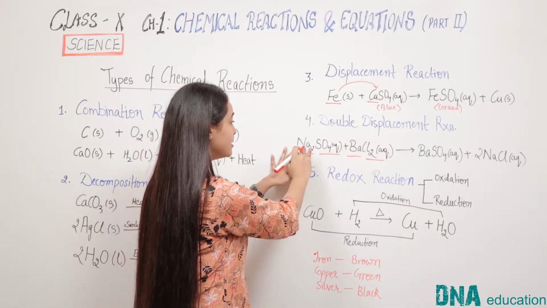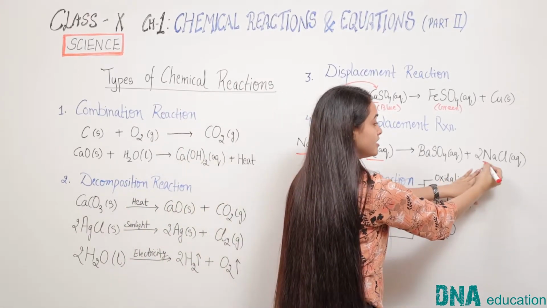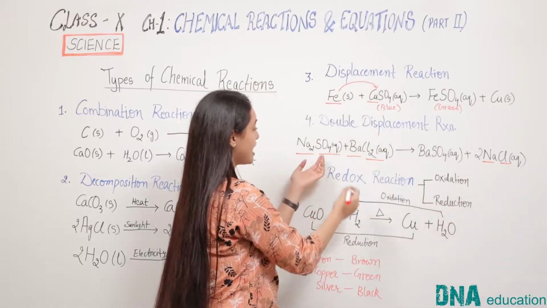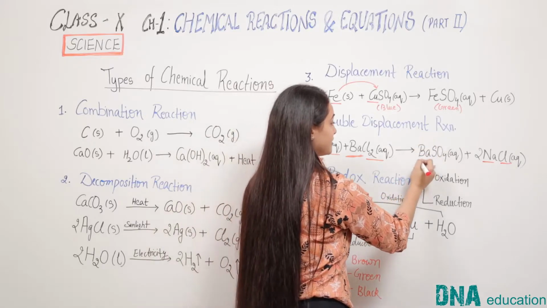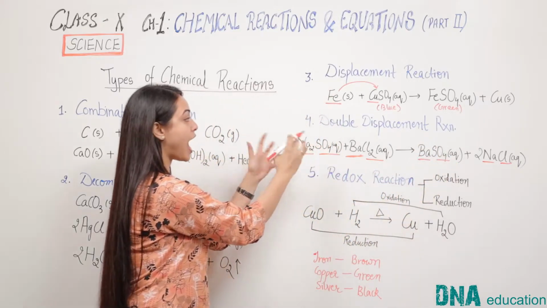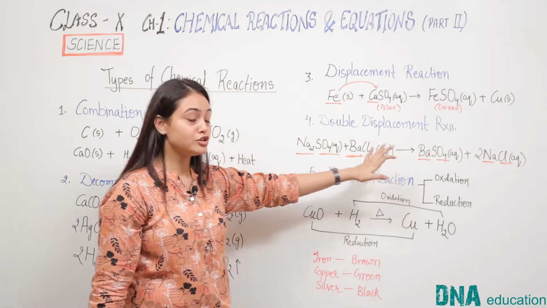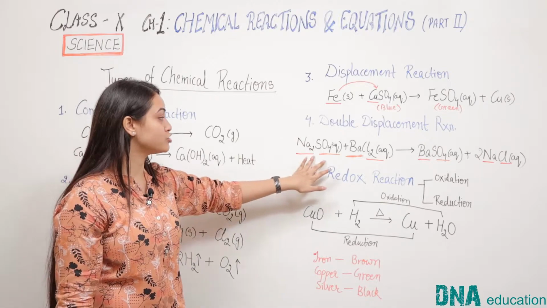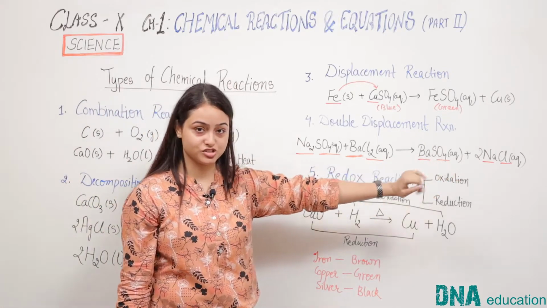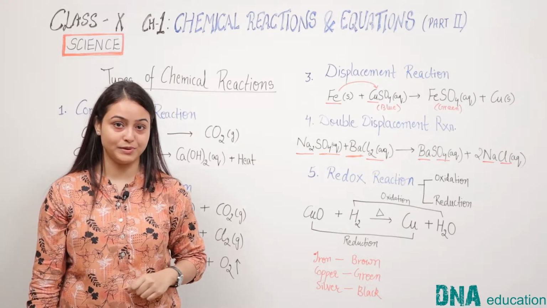Now sodium ion gets with chloride ion and the barium ion gets with the sulfate ion. So we see how ions are exchanged in double displacement reactions. So we say that in a double displacement reaction, ions of both the compounds are exchanged, and a double displacement reaction has taken place.